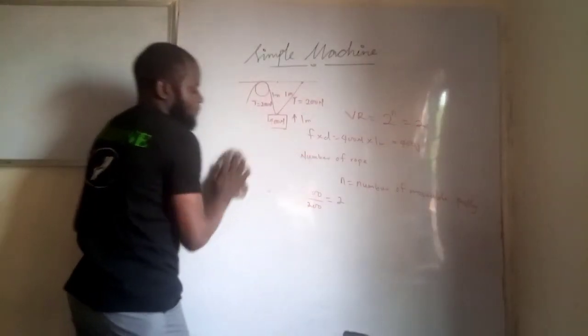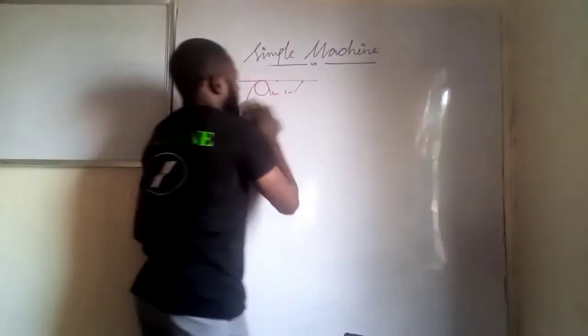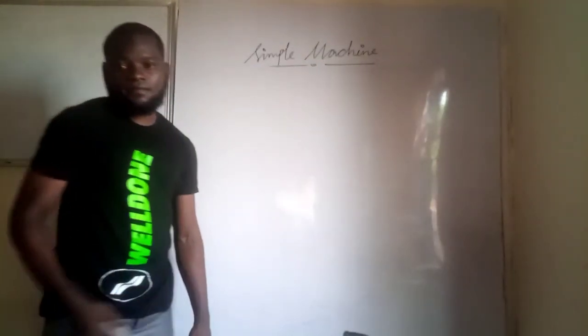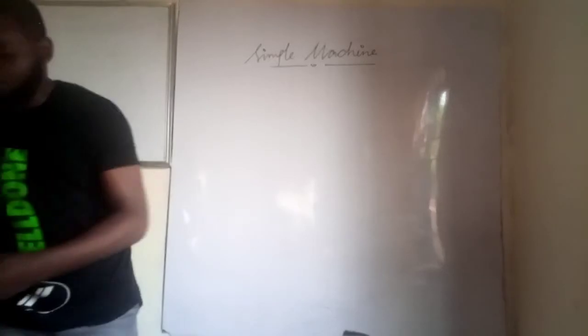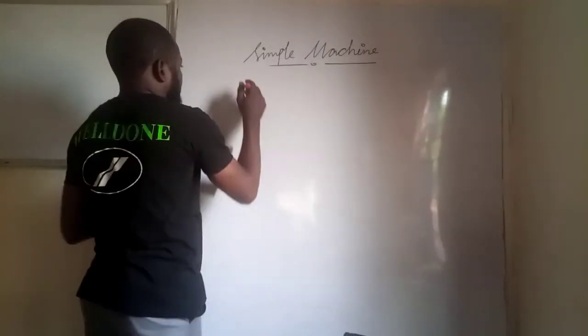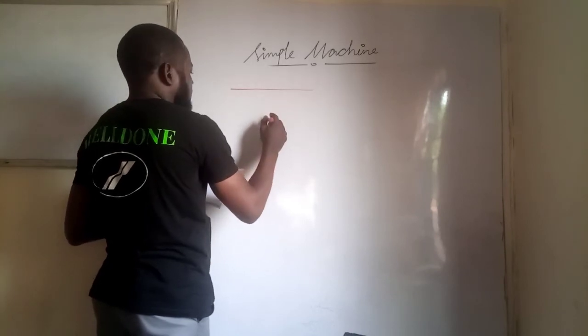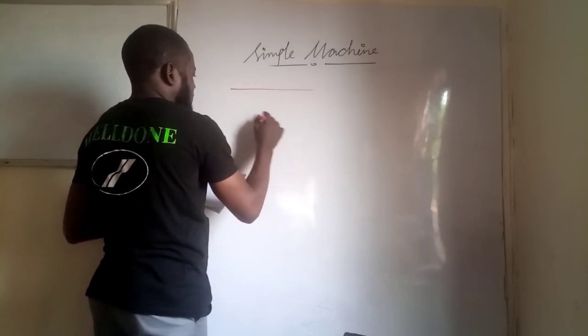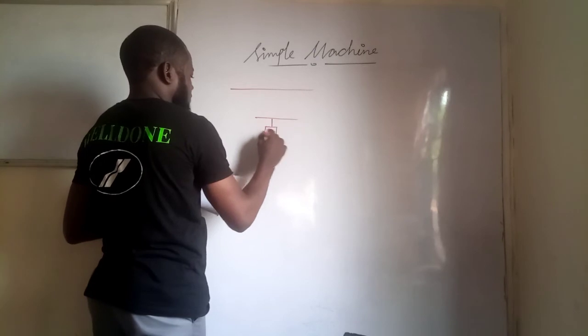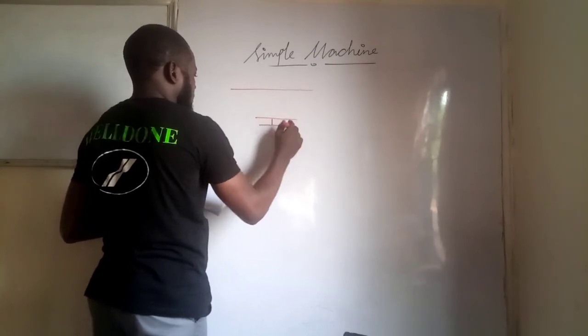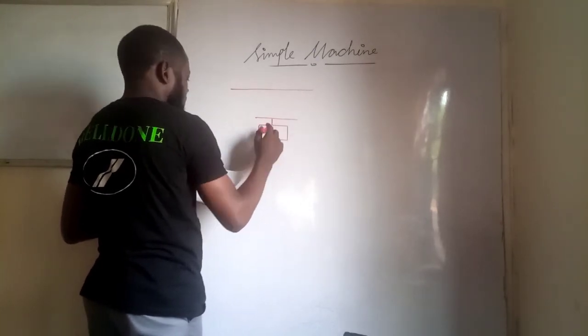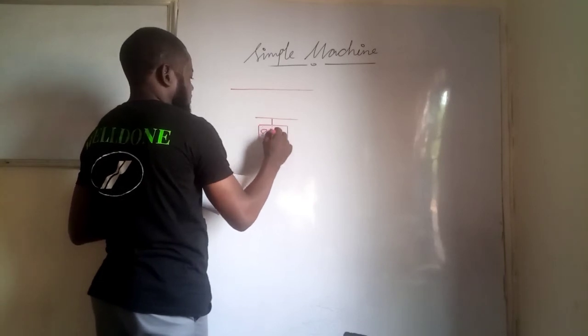So the second example now, you will pause the video and tell me what the result looks like. Okay, if I have this now, and here is a crane of, let's say, 800 Newton.